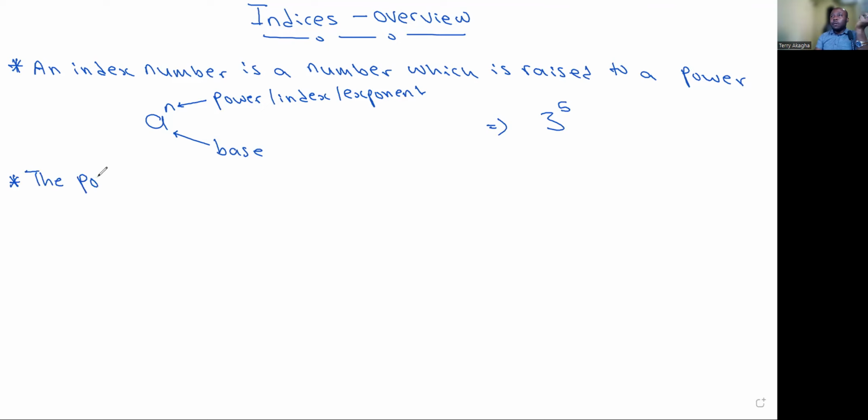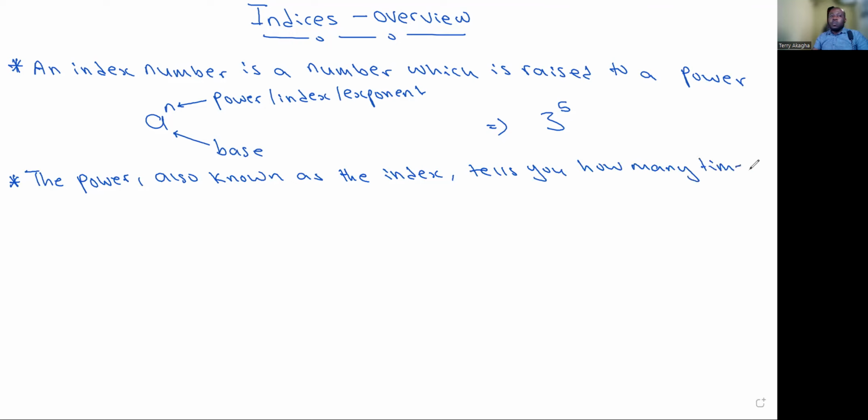The power, also known as the index, tells you how many times you have to multiply the number or the base itself, okay?